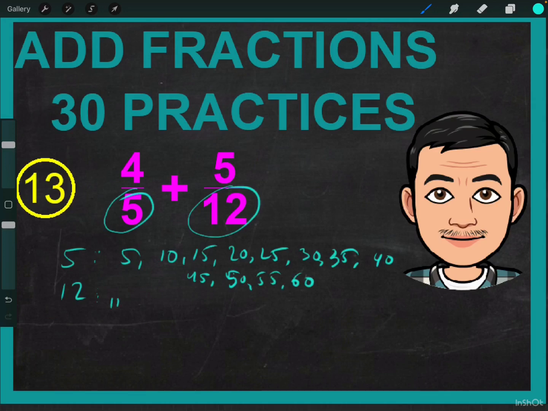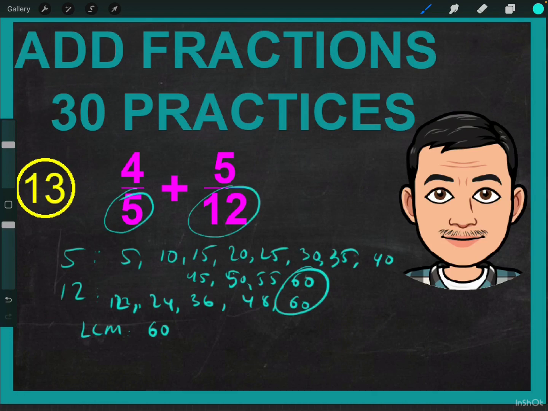For 12, we have 12, 24, 36, 48, 60. So 60 is the LCM of 5 and 12.